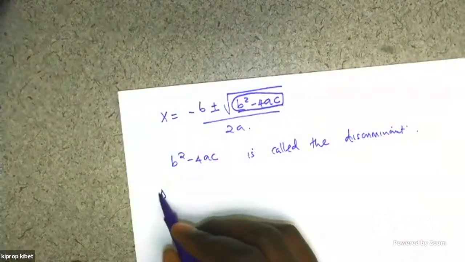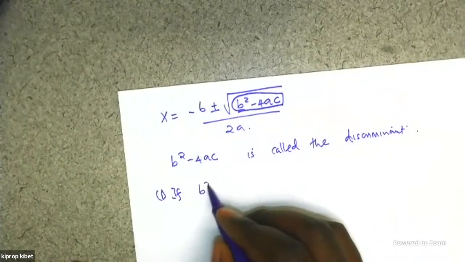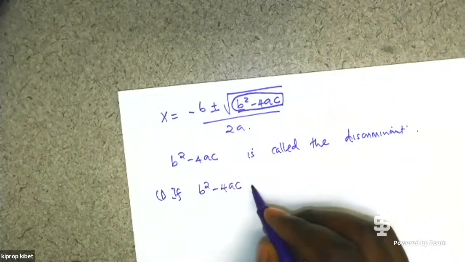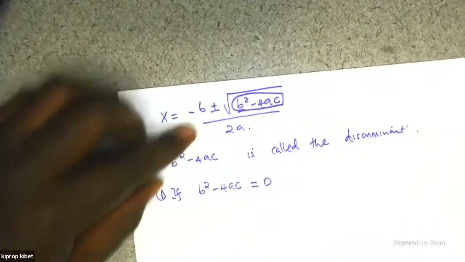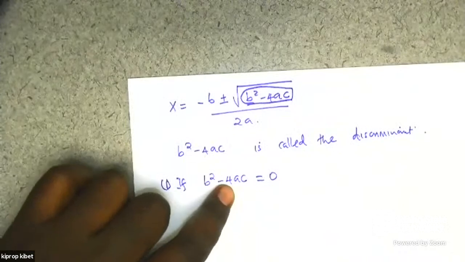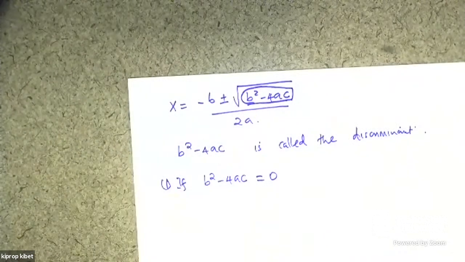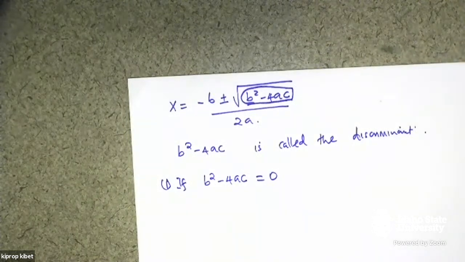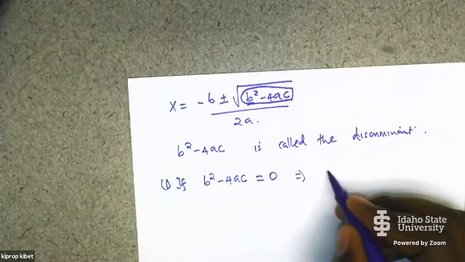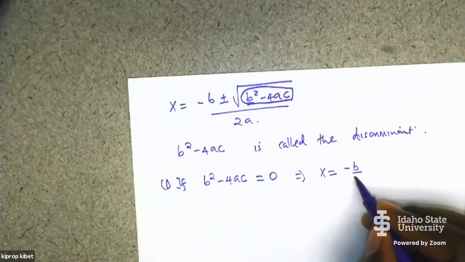Now, number one, if b squared minus 4ac is equal to 0, then that becomes the square root of 0, which is 0. So x is equal to minus b all over 2a.